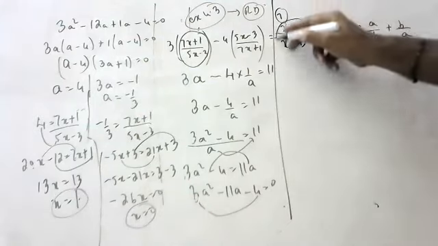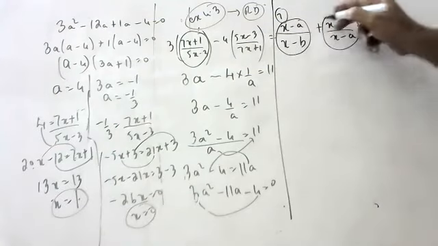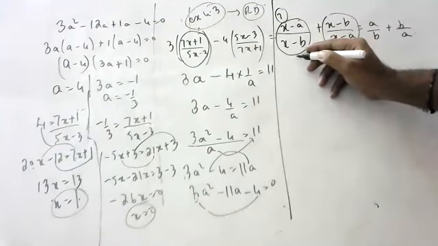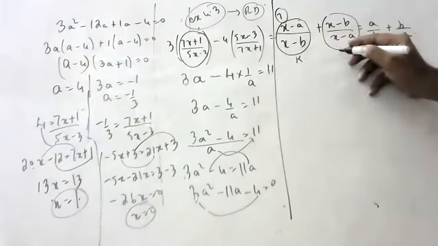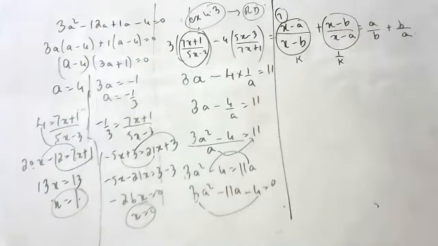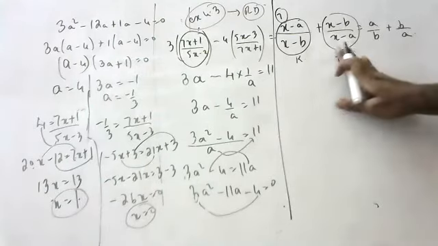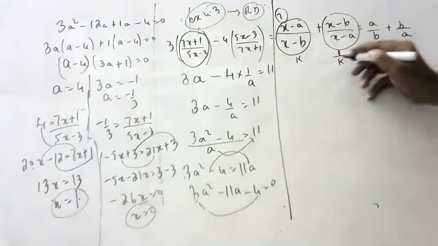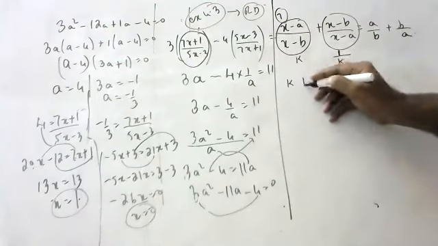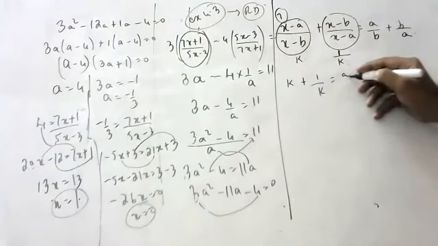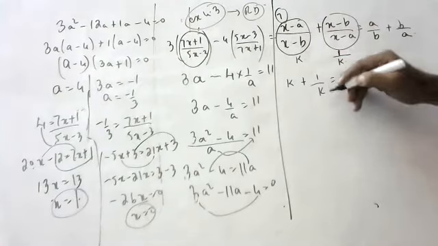We will take m or something else. If suppose I will take k, this will become k plus 1 by k. Okay, let's do. We'll see whether it will come or not because it will be a little bit tricky problem. Let's do it. k + 1/k = a/b. What is the LCM, children, here?